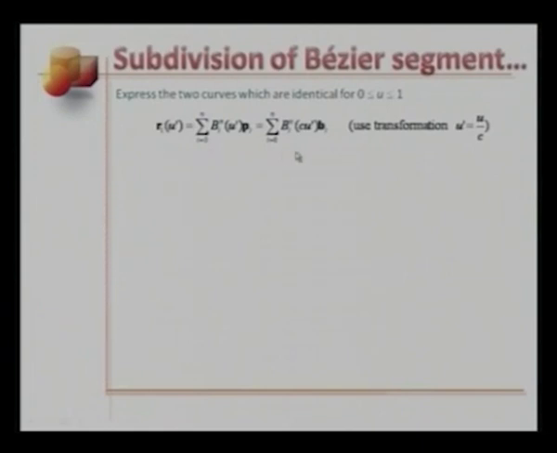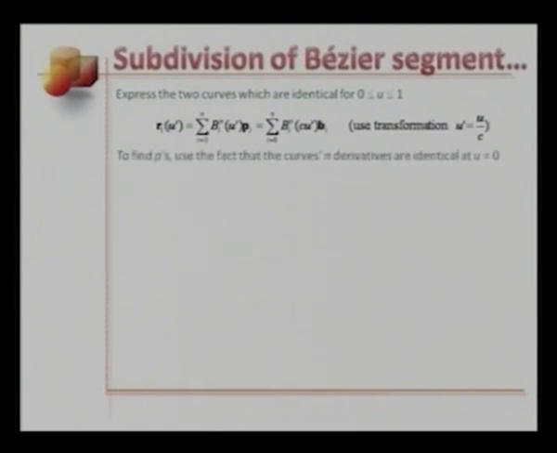Now this expression is going to be true for all values of u prime in between 0 and 1. How do we extract conditions to obtain the new control points p i? Notice that p i will be n plus 1 in number, and so we will need n plus 1 such conditions.